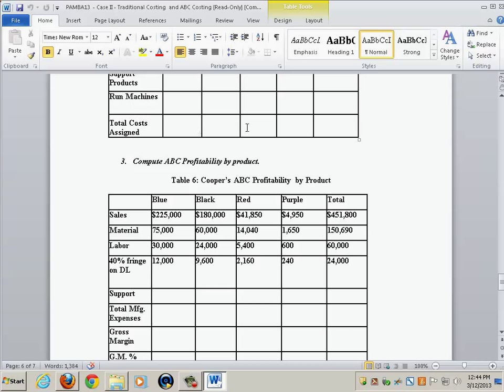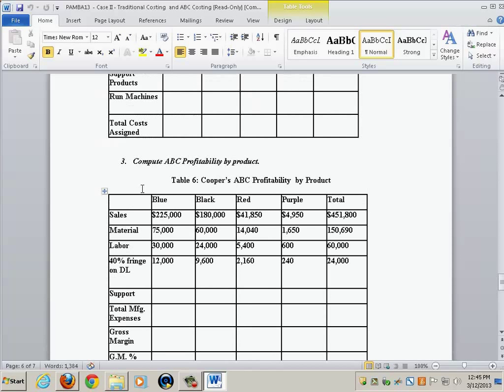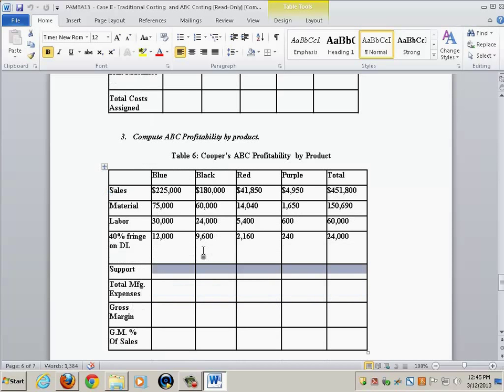Now this bottom line, once you calculate it, is the total support costs, and you then transfer them to this column, and that's requirement 3, compute ABC profitability rates. Well, the sales are the same as they always were. The direct materials and direct labor are the same.